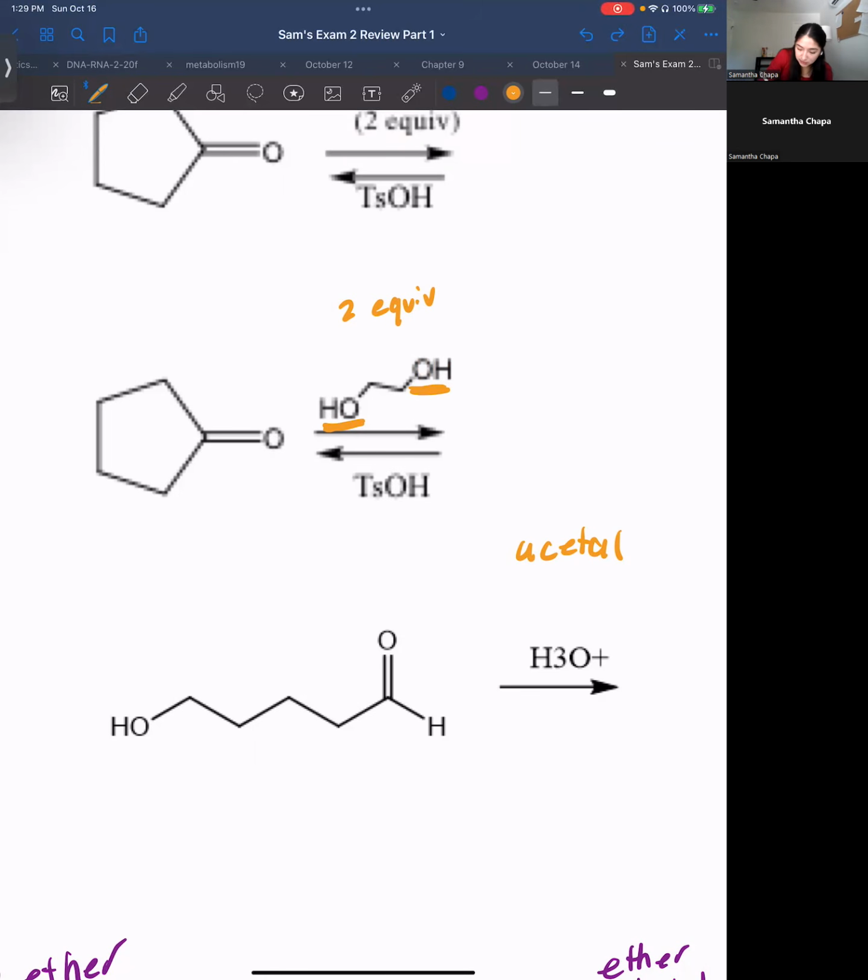Okay, so then I'll show you the mechanism for this one too, because I feel like that would help. This might be a long mechanism. Okay, so TsOH acts as an acid, so I'm going to just draw a proton. So this oxygen is going to steal this proton. And so I now have a positively charged oxygen, making it easier for a neutral nucleophile to come and attack.